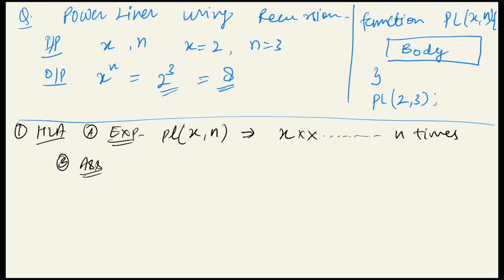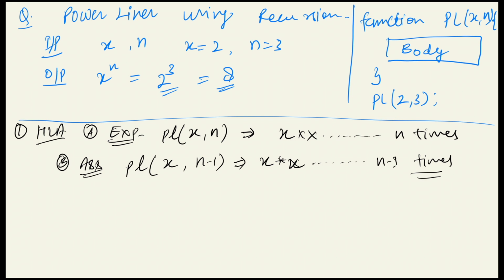Assumptions will be like PL power linear of x comma n minus 1. So here we are taking the reference of PMI formula. Okay, so we are assuming that power linear of x comma n minus 1 will automatically perform the right calculation, right result. Okay, so this will be like x into x, n minus 1 times.